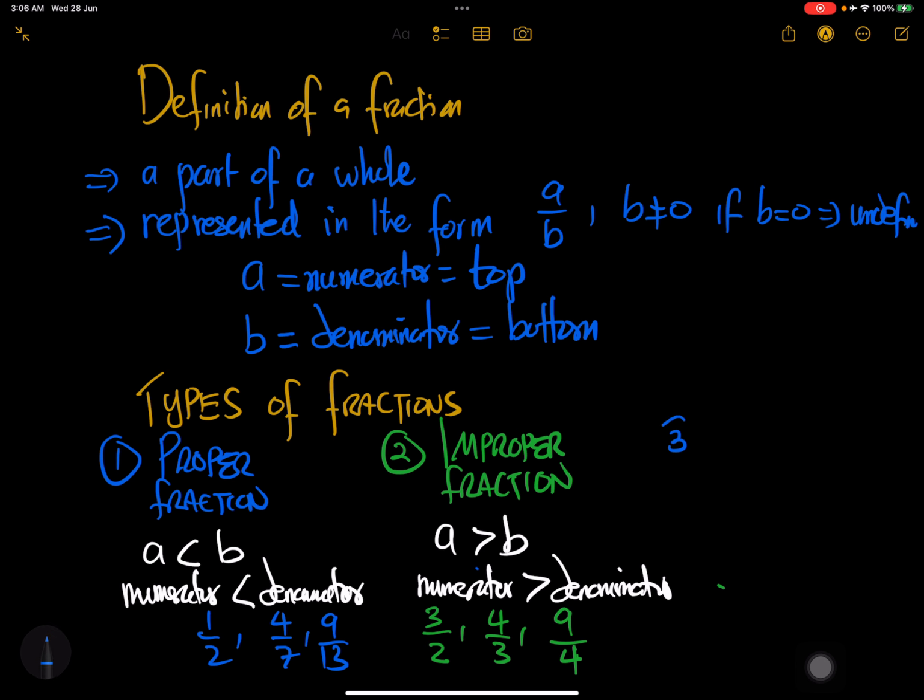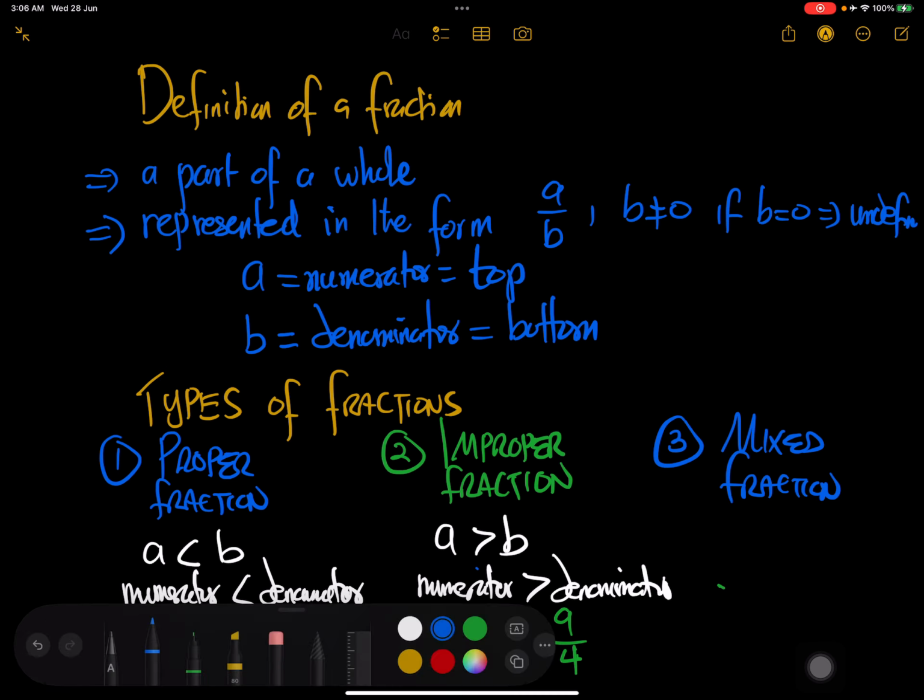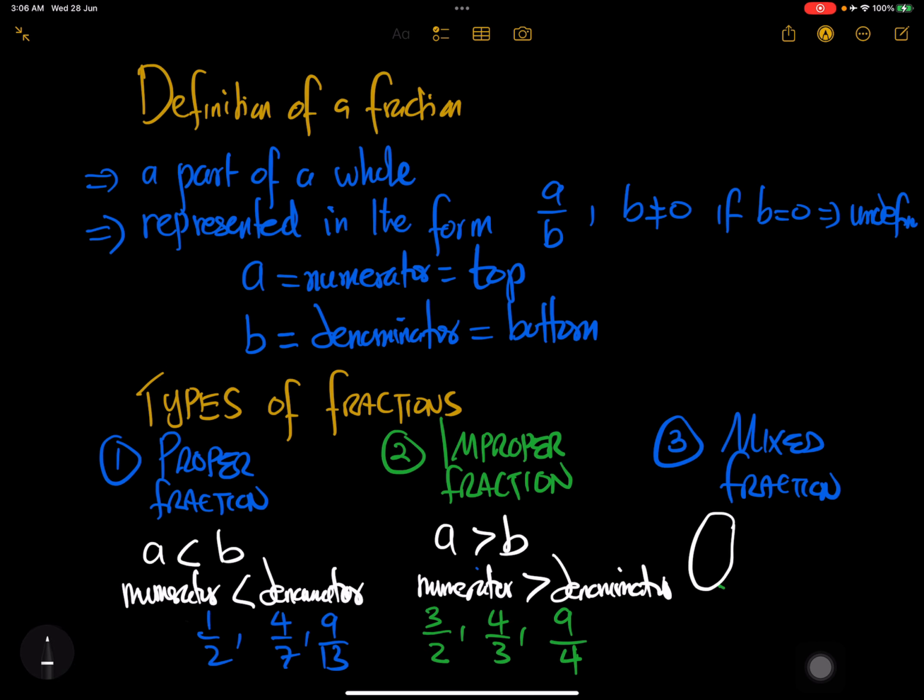Now the last type of fraction is what we call the mixed fraction. With a mixed fraction, you have a whole number and a proper fraction attached to it. So A is a whole number, and you have B over C as a fraction attached to the whole number.